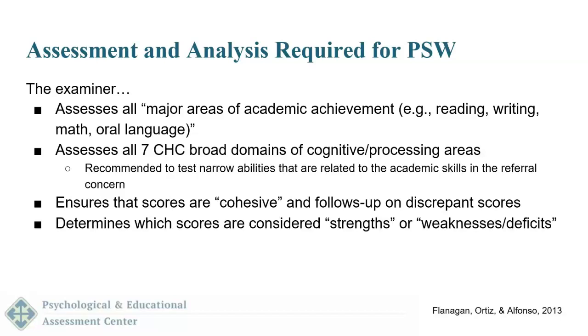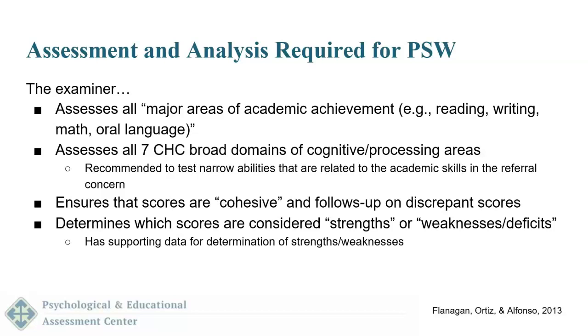The examiner uses the cross-battery assessment software program to indicate whether a score is considered a strength or a weakness. If a score is determined to be a strength, the program uses that score to help calculate the individual's cognitive potential. If a score is determined to be a weakness, then it is analyzed to see if there is consistency with another area of weakness or deficit.